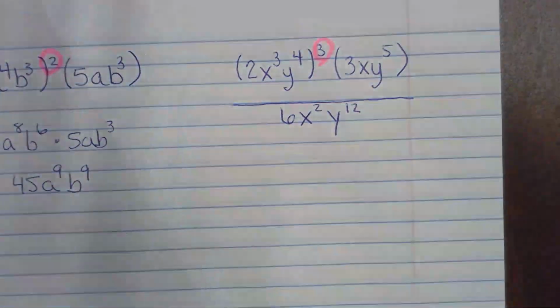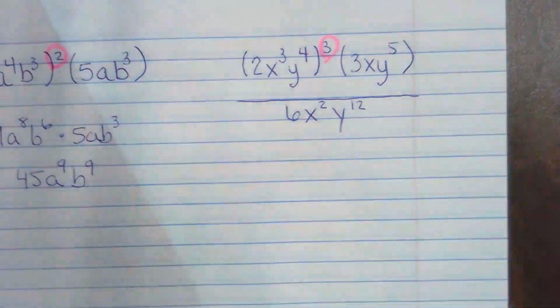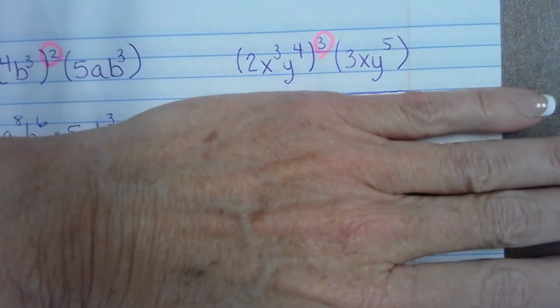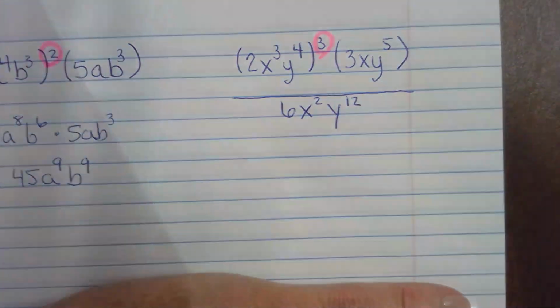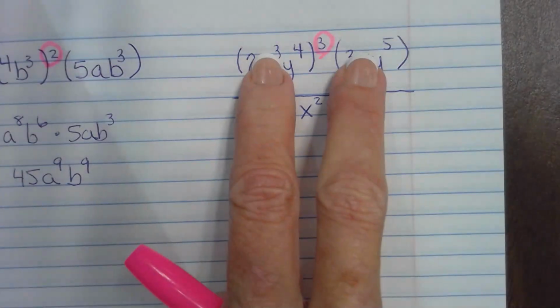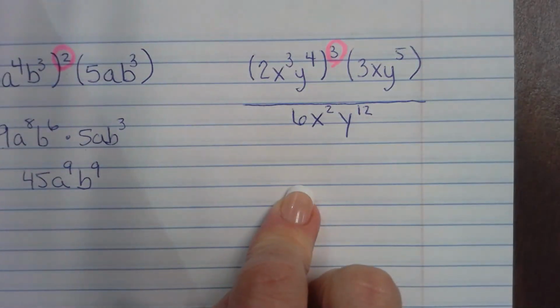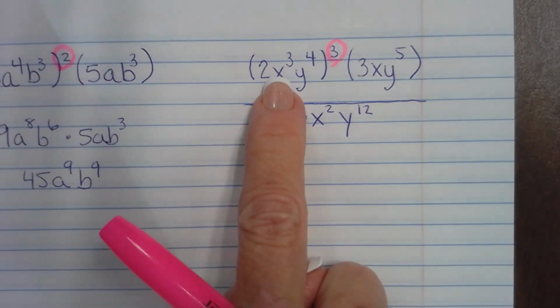Okay, so you're ignoring these and you're doing that first. Okay, then you're ignoring the bottom and you're taking that second step. Then the bottom comes in and you're doing your division. It's 3 parts. First part, second part, third part. Got to start here.